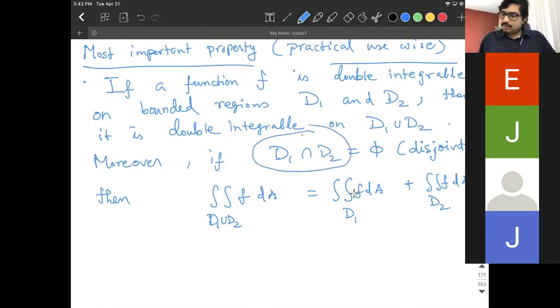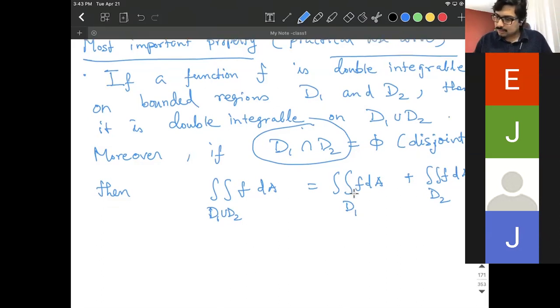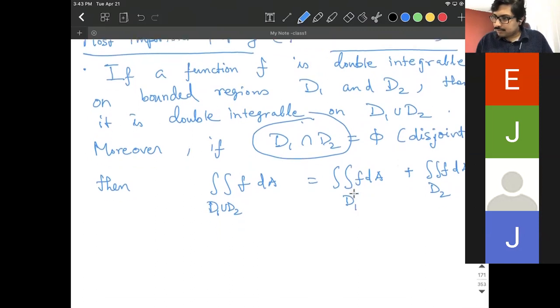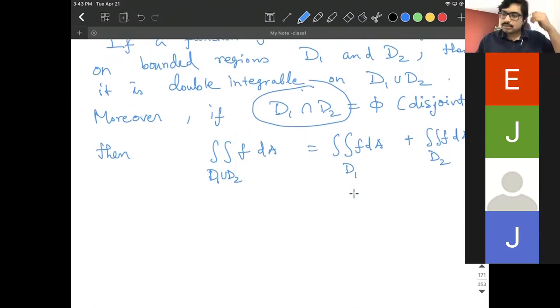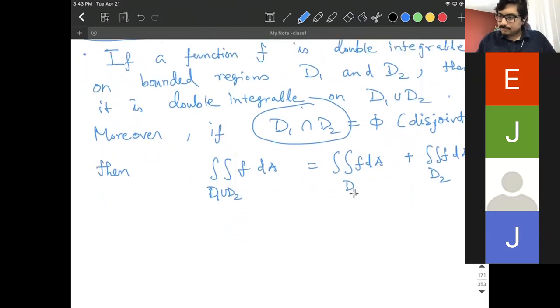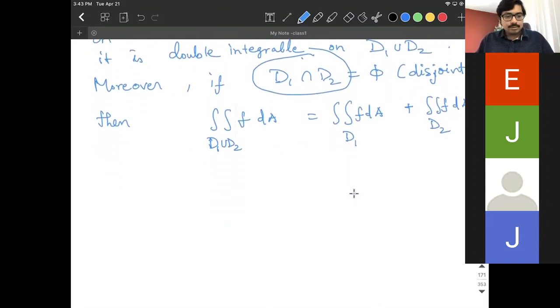Then the double integration on this whole domain can be broken up as a sum of double integrals on these individual smaller domains. So this is the generalization of breaking up the path in several smaller paths, so to say. And this is the property we will often use, or at least we will use in some examples when we compute the double integral.